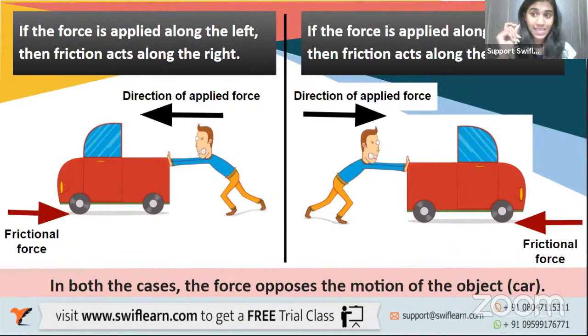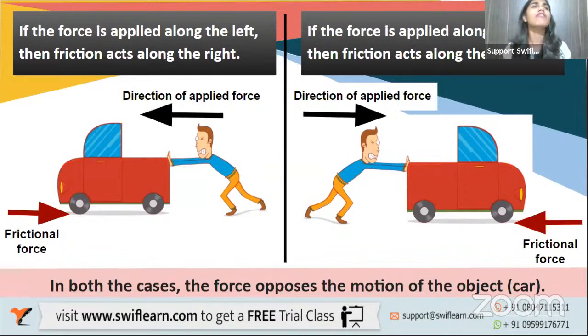Getting it? Once again, let me repeat it. Frictional force always acts in the opposite direction to that of the applied force. Now if the applied force is from left to right, then frictional force would be right to left. Always frictional force will be in the opposite direction of the applied force.